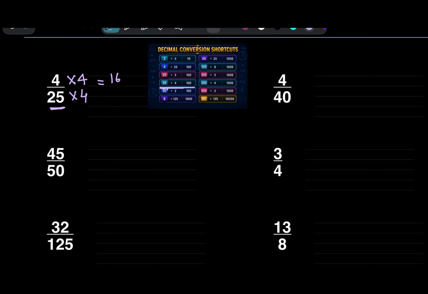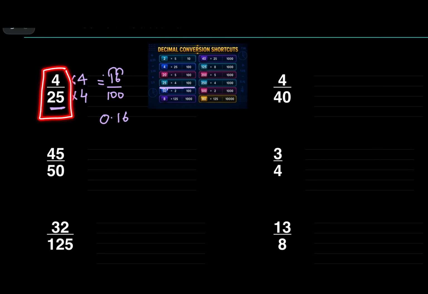So we get 16 upon 100. Now we start jumping. 1, 2. So 0.16. You can even check it on the calculator if you want. 4 divided by 25 is 0.16.